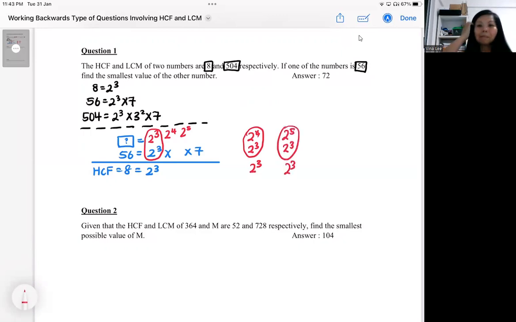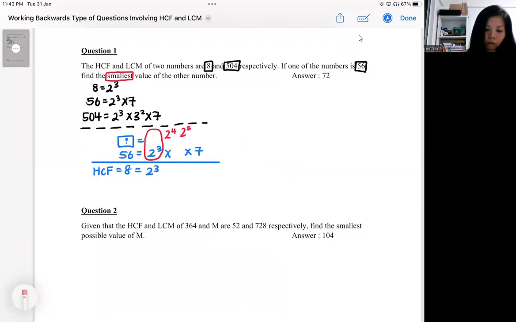But the question actually asks you for the smallest, so I will have chosen 2 cube. From the HCF part, I already got 2 cube. That means you will need 2 cube from the unknown number and the 2 cube that comes from 56. Then when you do the HCF, you get the 2 cube.